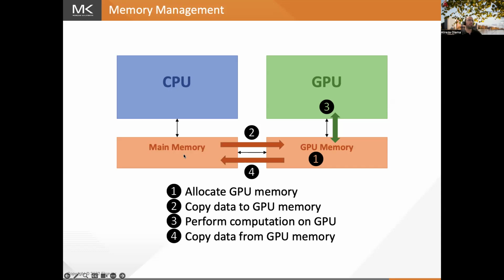Usually, what we send from the GPU to the CPU memory is the results. And finally, we deallocate the GPU memory. So this is the basic workflow when you work with both CPUs and the GPUs on the same machine.